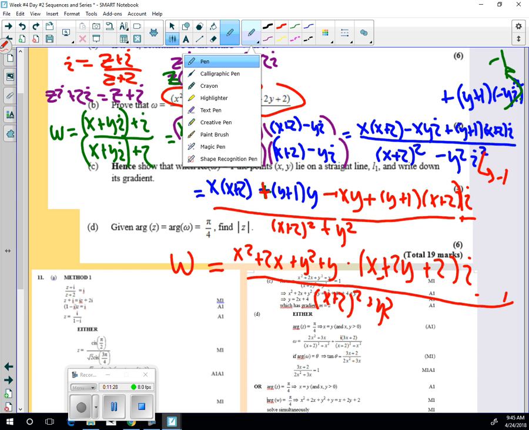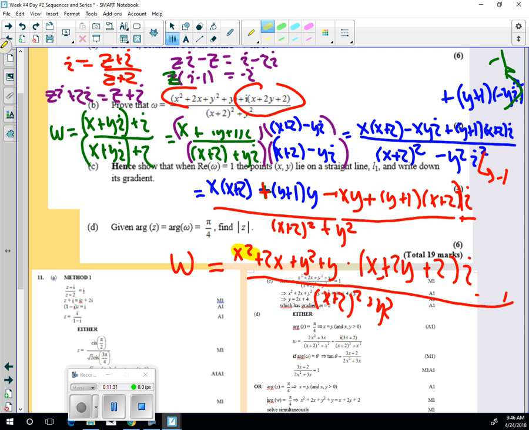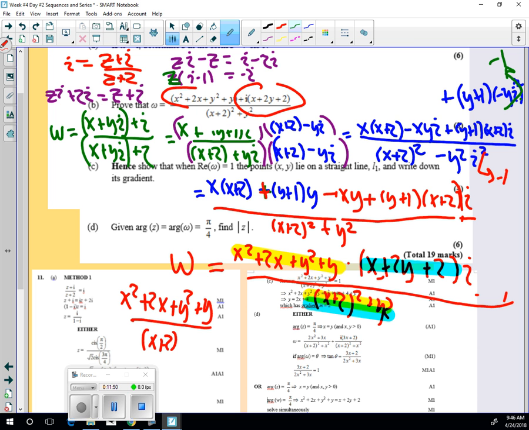The part I've highlighted in yellow or the part I've highlighted in blue? Yellow is the real part. And they're saying that (x squared plus 2x plus y squared plus y) over ((x plus 2) squared plus y squared) equals what in this problem? 1.